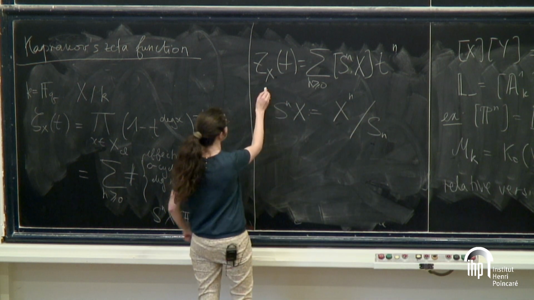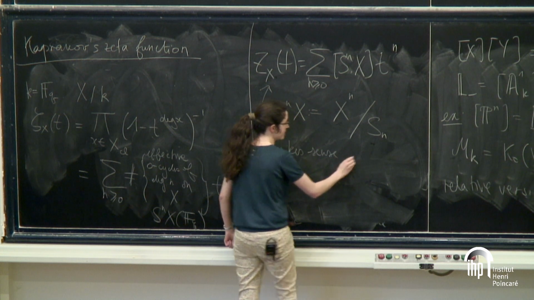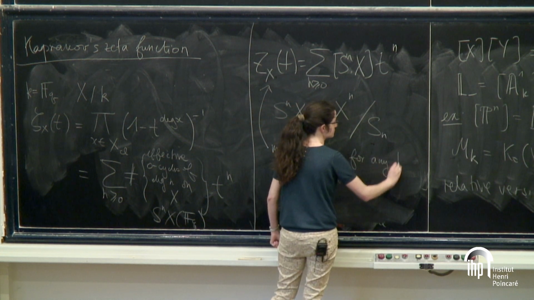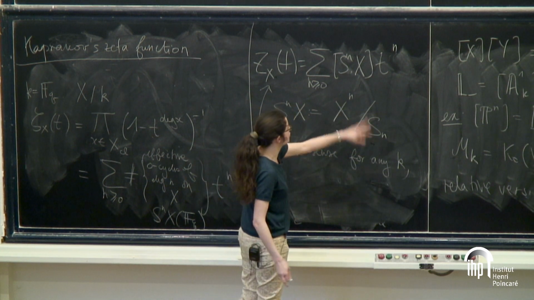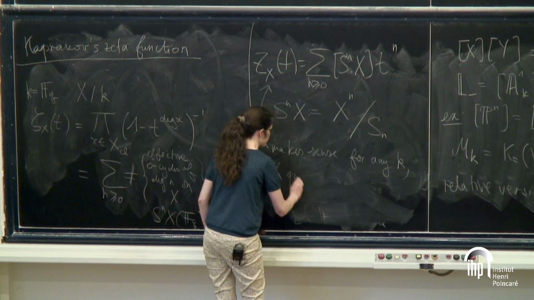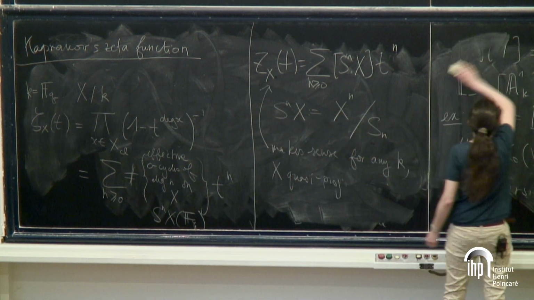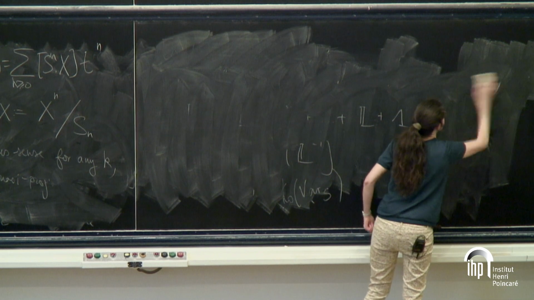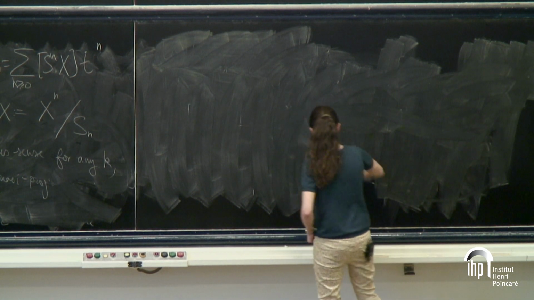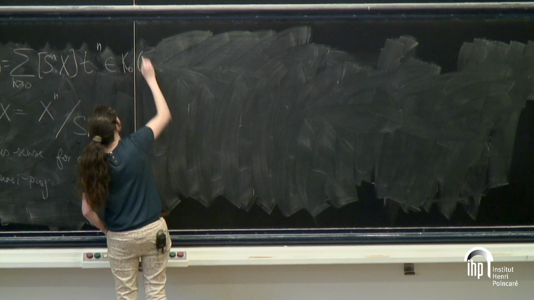And so this makes sense for any field K. And there has to be some assumption on X so that this quotient is actually a variety. So for example, X quasi-projective. So this is a series with coefficients in the Grothendieck ring of varieties.